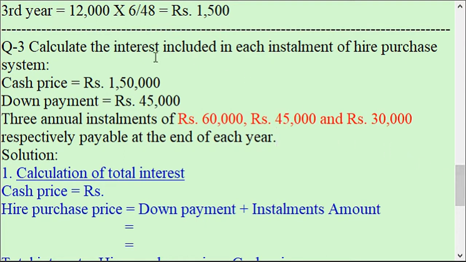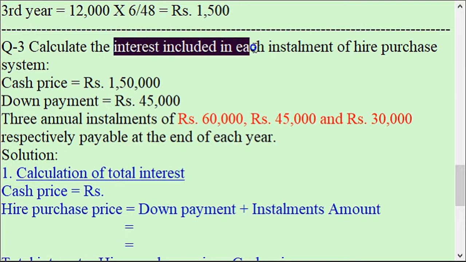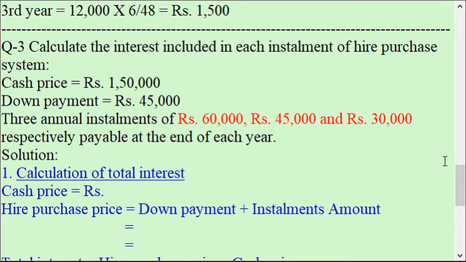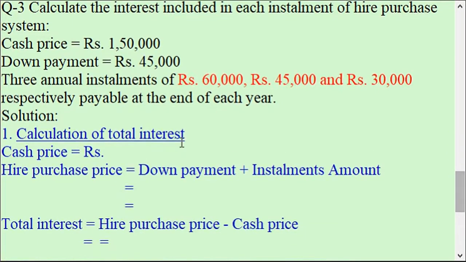So you need to calculate what is the amount of interest included in each installment. So first you have to calculate what is the total interest that the purchaser has to pay. So first calculate the total interest.